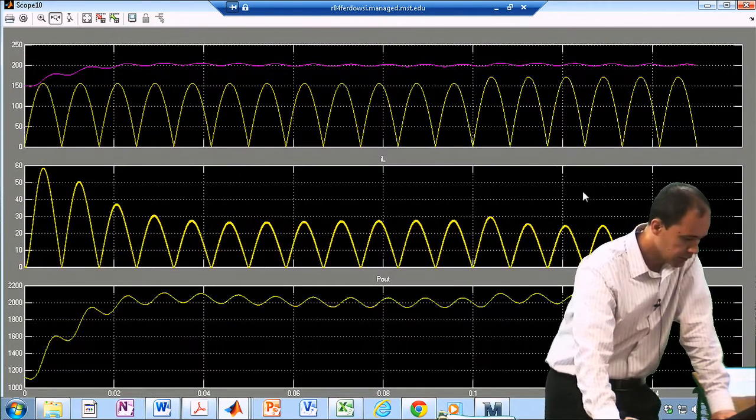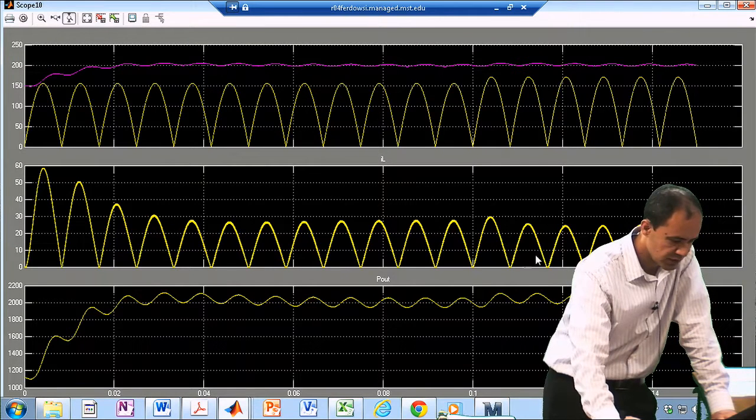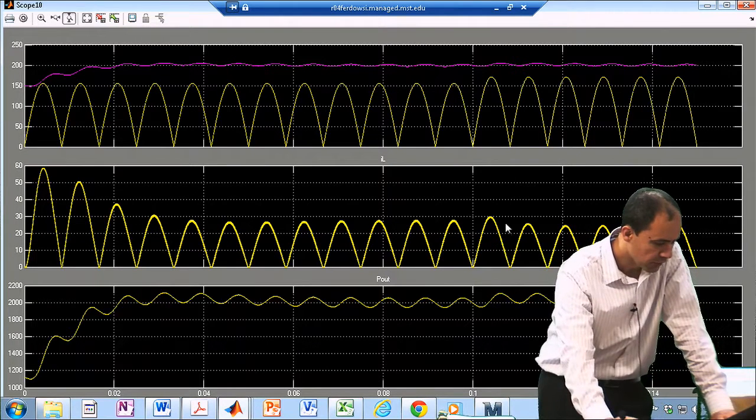Actually, here it is. This is when the transition happens. So all of a sudden, my input voltage had a higher amplitude. Therefore, the converter is not fast enough.